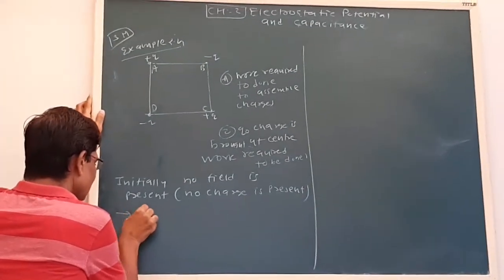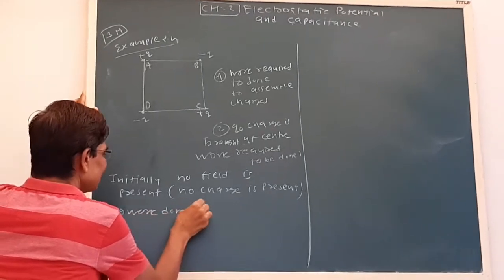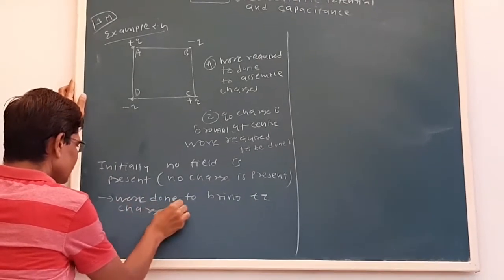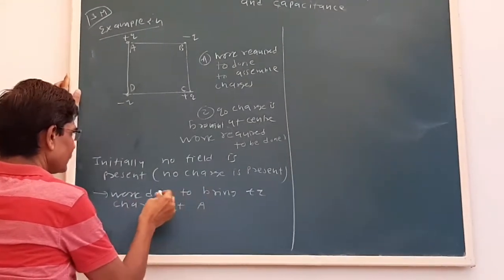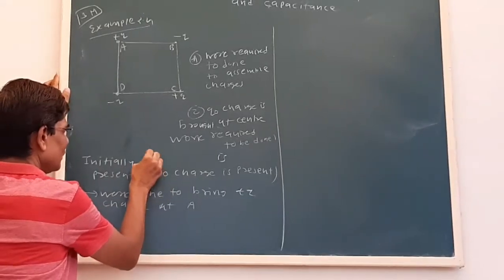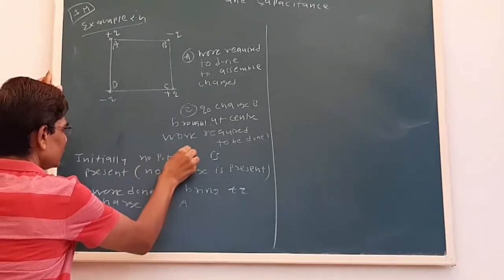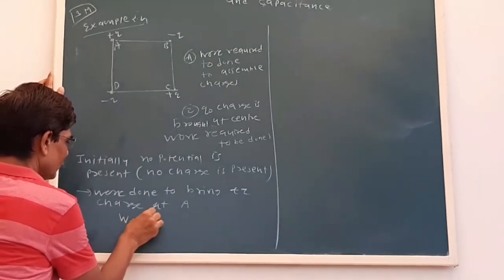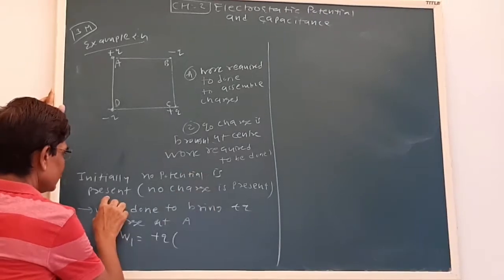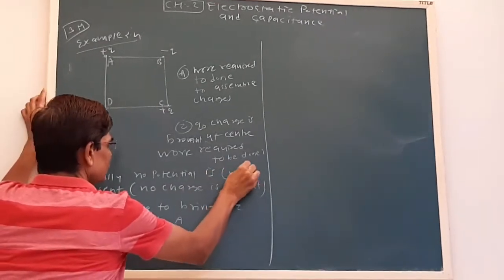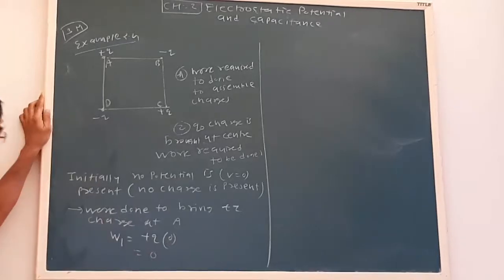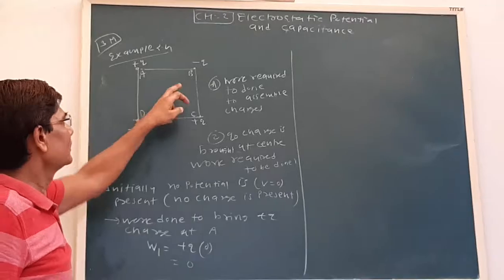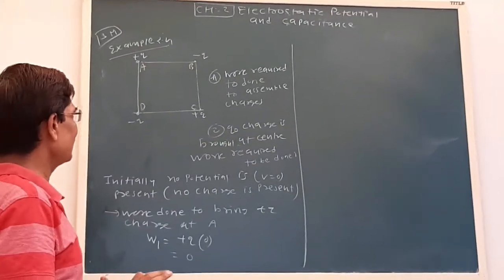So the work done to bring plus Q charge at A, we can write, initially no potential. So W1 is equal to plus Q times potential, which is 0. Now secondly we bring minus Q charge at B.